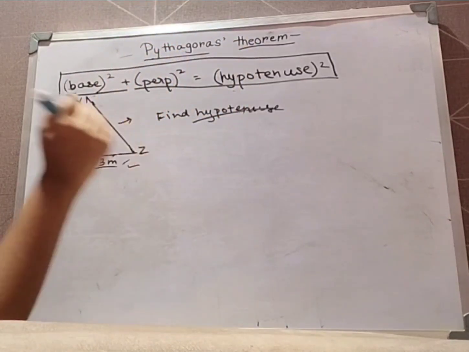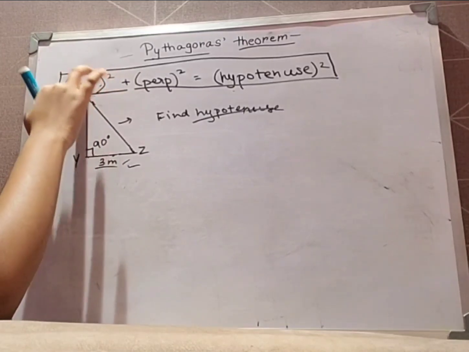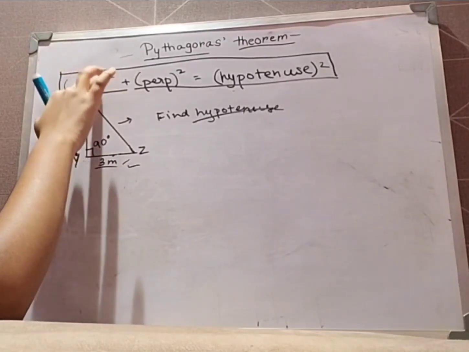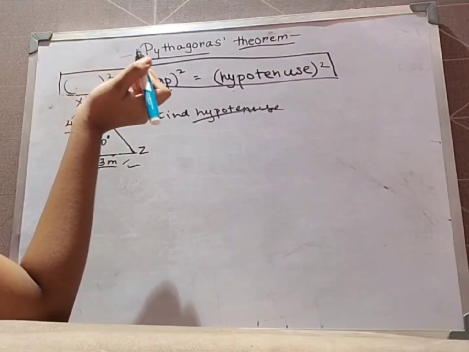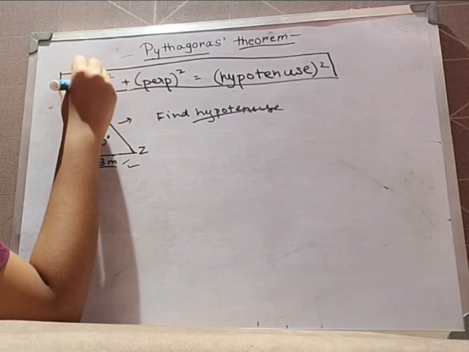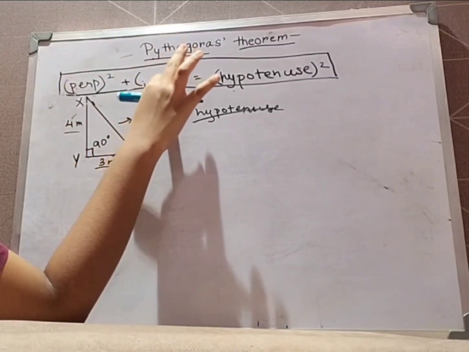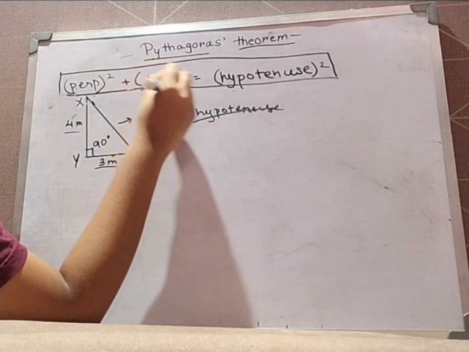Here, what is the base? The base is 3 meter. You can also write it the other way, because addition follows the commutative property. So whether you put perpendicular before or base before, that does not really matter. No problem, both are correct.